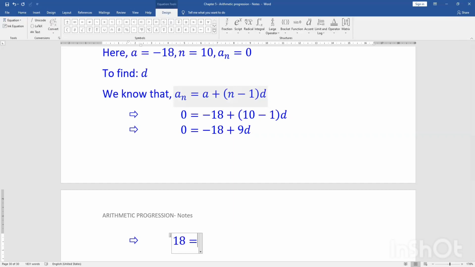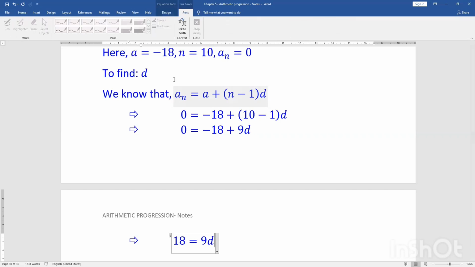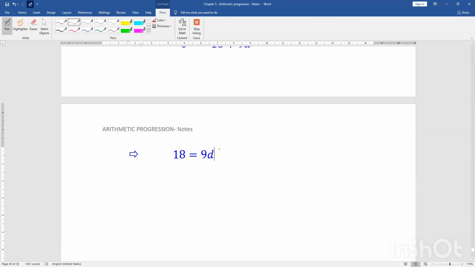So minus 18, when it moves to the left hand side, it becomes plus 18 and then 9d.